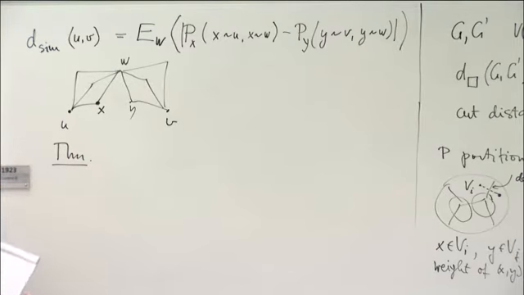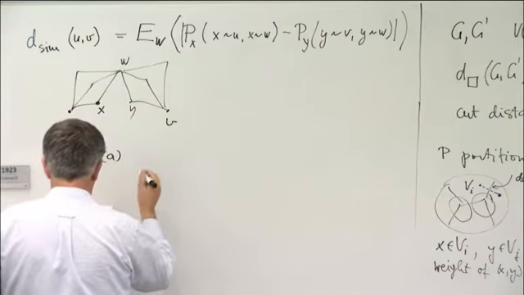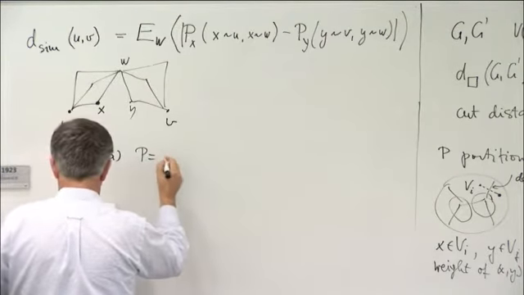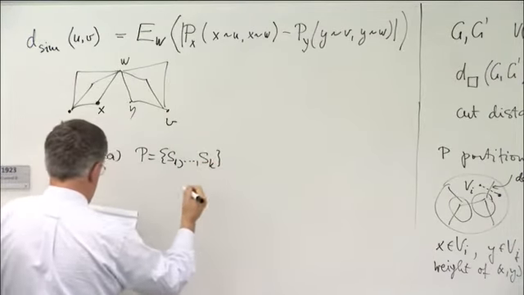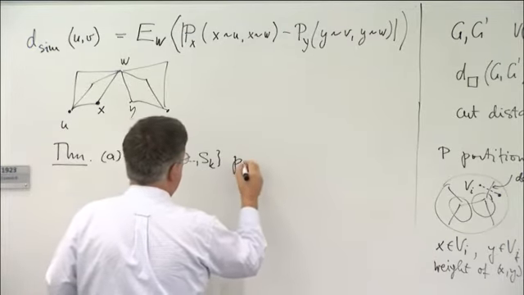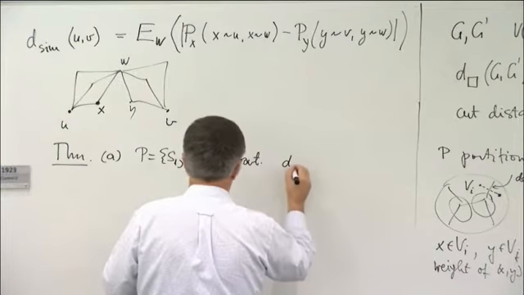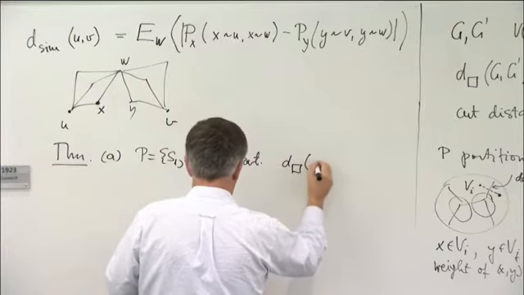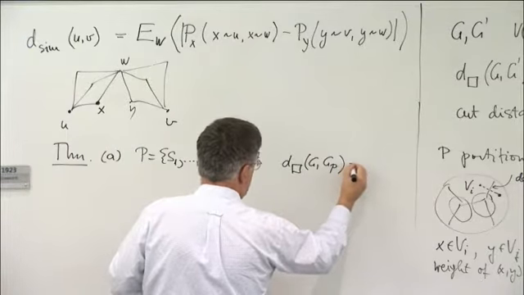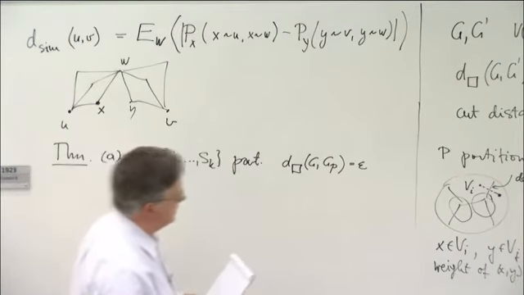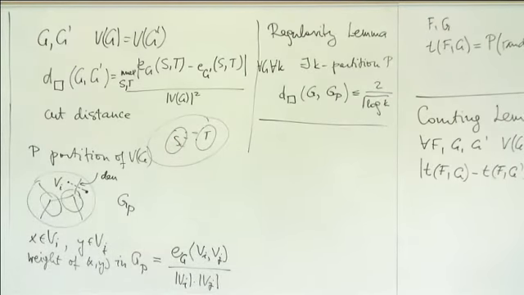Here is the theorem that connects those. I have to go both ways. So first, suppose that P is a partition, which is a weak regularity partition, so that the distance of G and G_P is, let's call this epsilon. It doesn't matter at this point whether epsilon is this or maybe it could be better, could be worse.